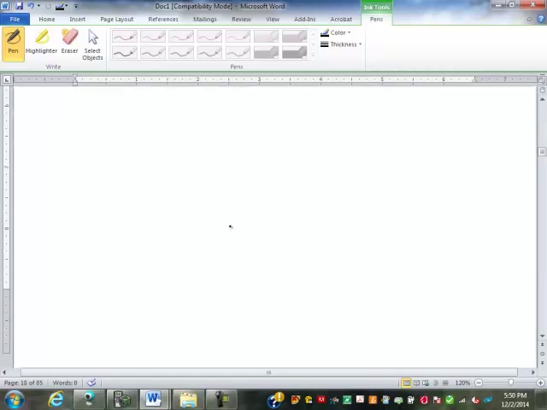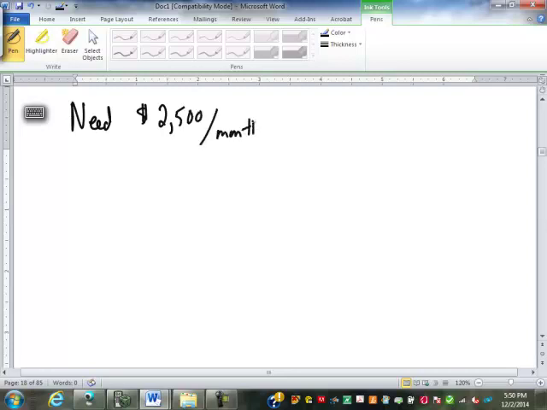There you go. Well, let's look at the other side of this. Let's say you're going to retire, and you figure you're going to need $2,500 per month to live. And right now, you are at age 65.